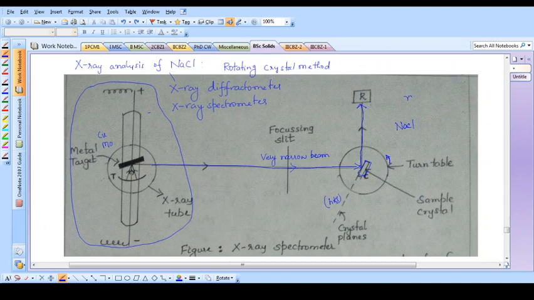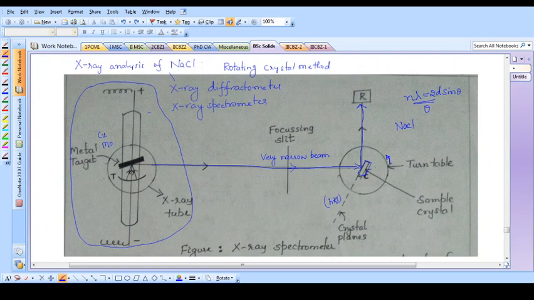Now, based on Bragg's law, that is n lambda is equal to 2d sin theta, at some angle theta we can observe a bright spot in the recorder or the detector, and where Bragg's equation is not satisfied, nothing is recorded in the diffractometer.